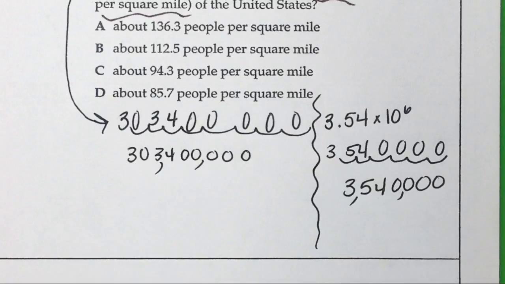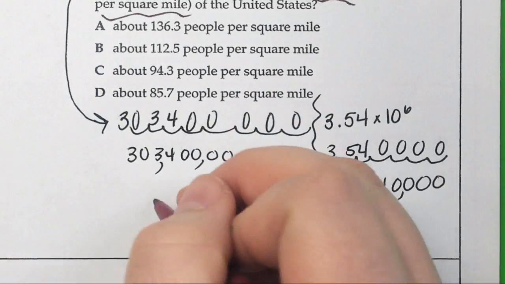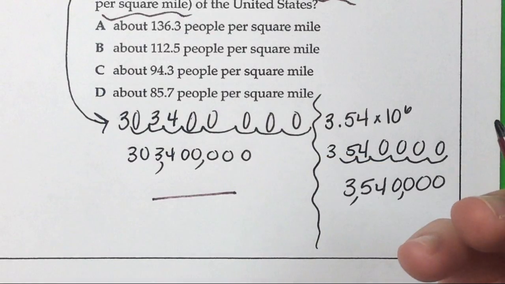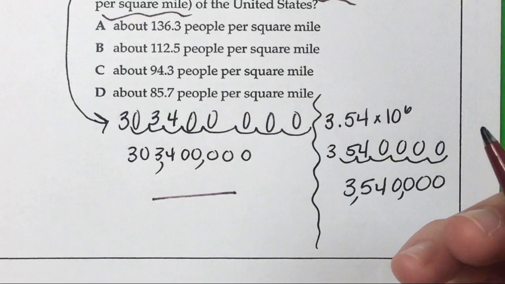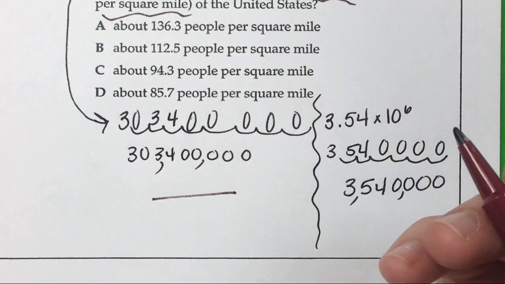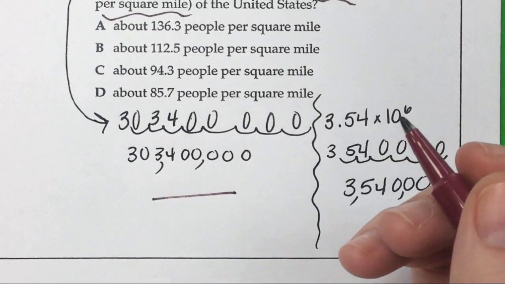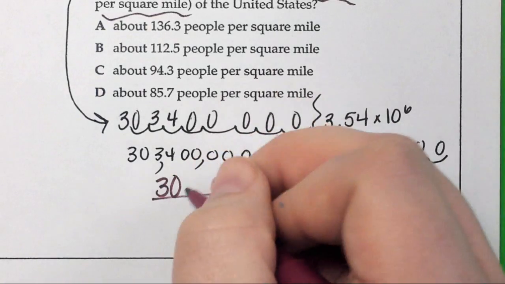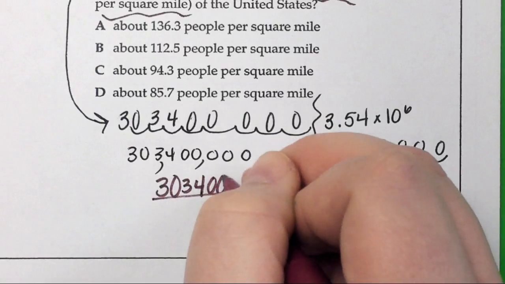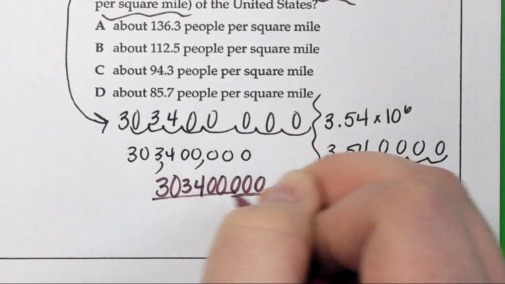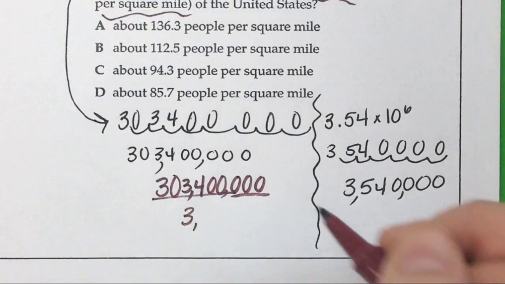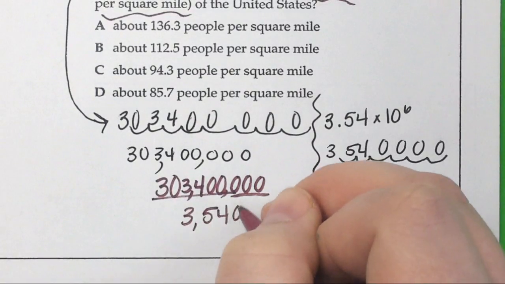So what does that mean? What math am I supposed to do today? I'm supposed to put what in the numerator? Why? Because you have to divide. Because that says number of people per, so meaning number of people in numerator. So 3, 0, 3, 4, 1, 2, and then 3, 5, 4, 0, 1, 2, 3.